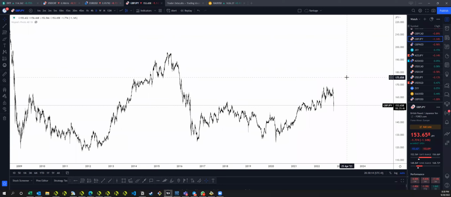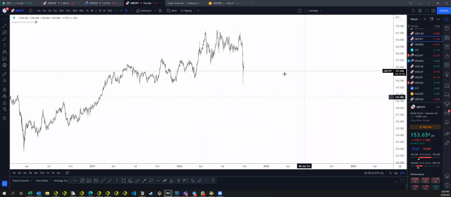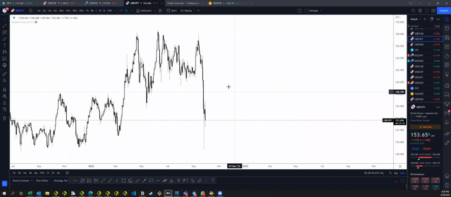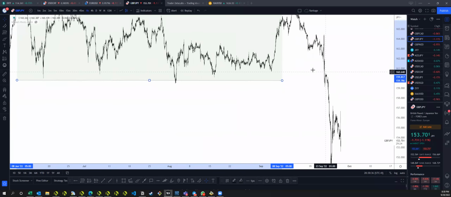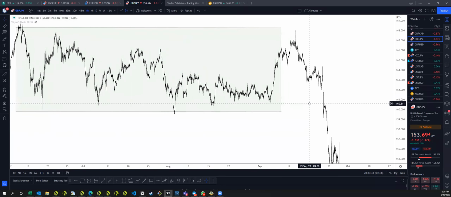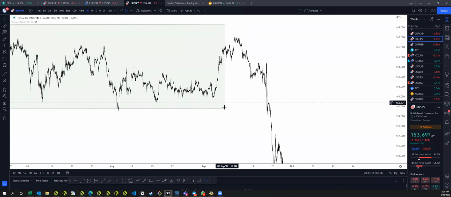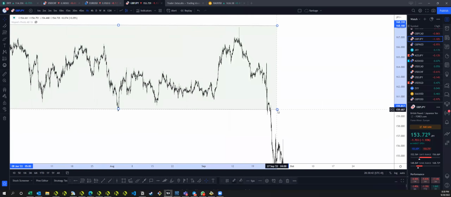Okay, so this is pound yen. Right. Okay, so I think what we were discussing back then was, I think last week we were looking at this range here. So if you go down to the hour, yeah, I think we were midway around here.